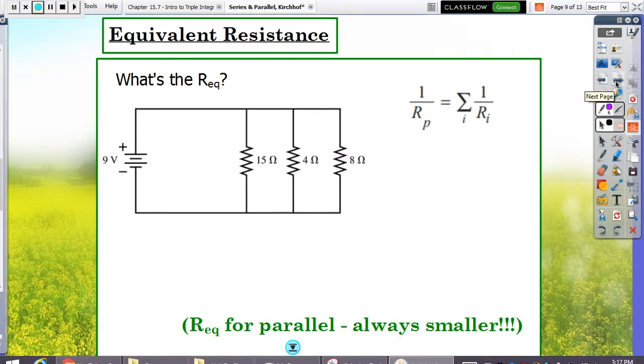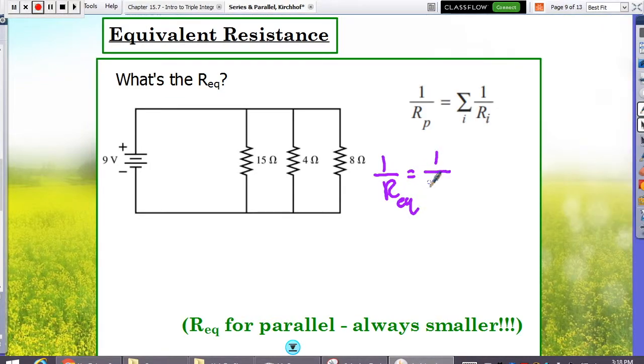All right, so here's an example for you to try. We've got a 15, a 4, and an 8. You'll need your calculator for this. What is Req? All right, well, let's break this down real quick. 1 over Req is 1 over 15 plus 1 over 4 plus 1 over 8.